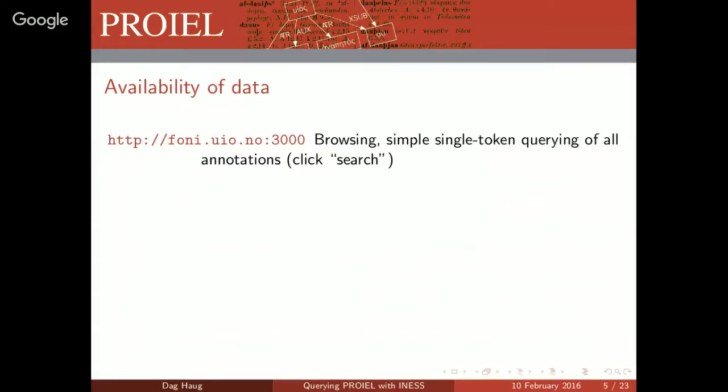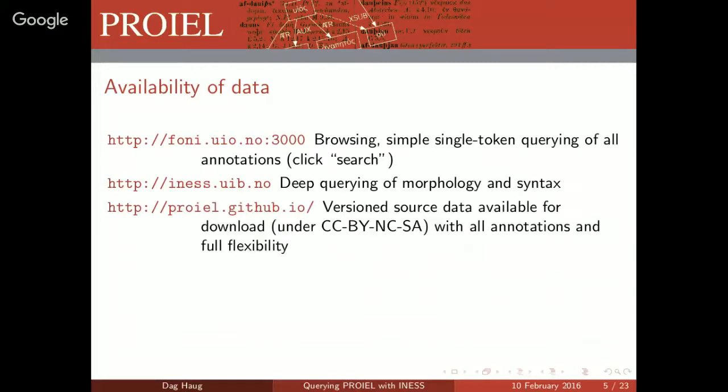But typically when we do syntactic research, we want to look at relationships between several words, as in the tree structures that Giuseppe has been showing you. And that you can't do on this web page. Then there is the INESS web page, which I'm going to talk about, which allows deep querying of morphology and syntax. And then finally, at GitHub, you can download our source data.